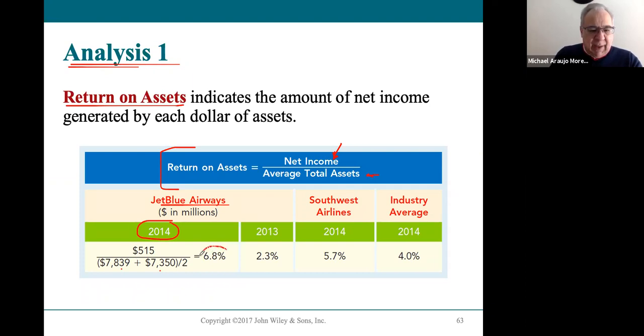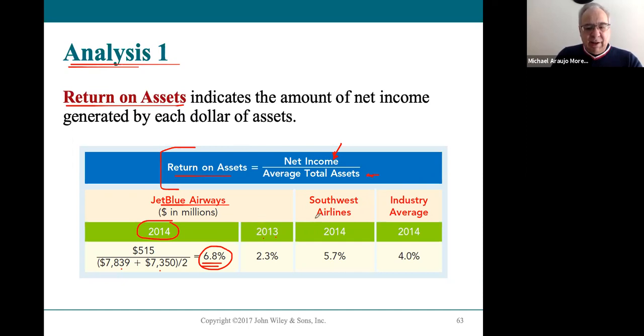So that meant that they had a 6.8% return on assets, which is really incredible, because what this is really saying is that for every dollar in average total assets, they're pulling in almost a 7-cent profit, which is really high for this type of business. Okay, certainly it's much better than they were positioned in the previous year here.